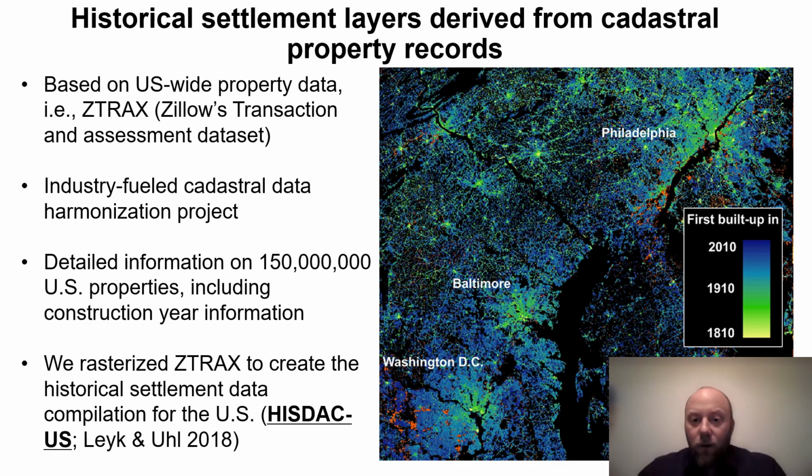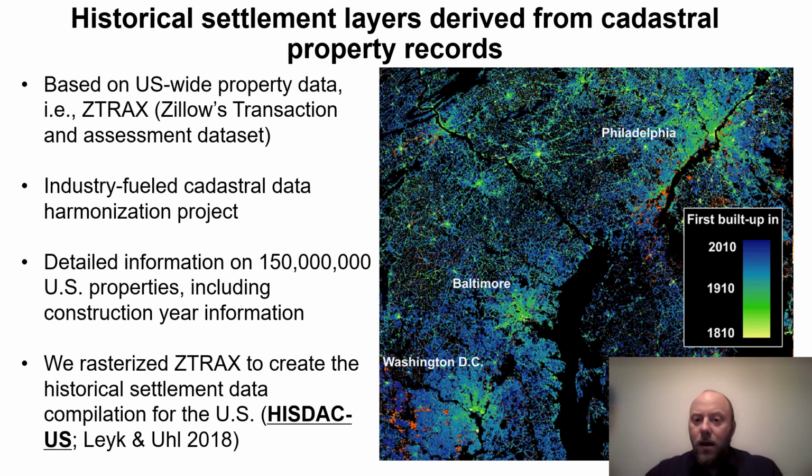And we did this for the whole country. So you can nicely see settlement patterns over the long term here. In green and yellow, you can see the oldest parts of the cities, and then how these cities have grown.